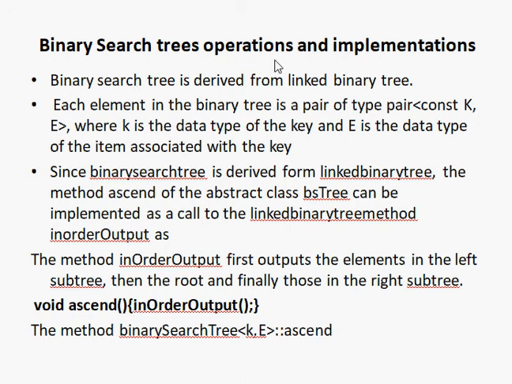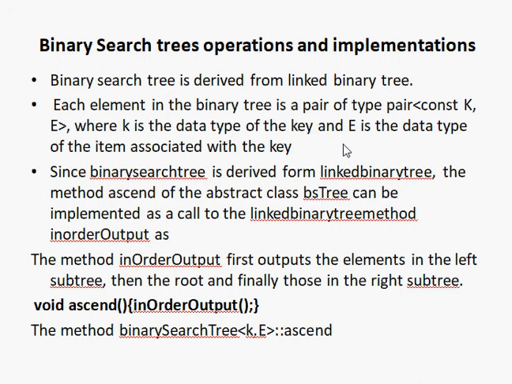The first method is how to find whether a key element exists in the binary search tree or not. Two more methods are insert and delete. The insert method must first find out whether the key element is present.